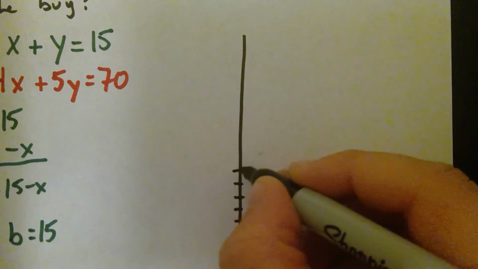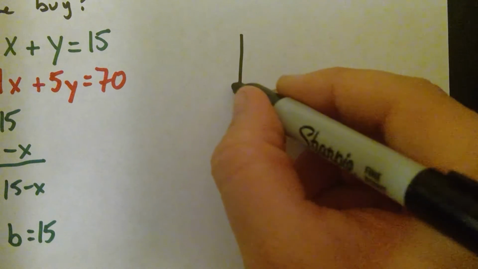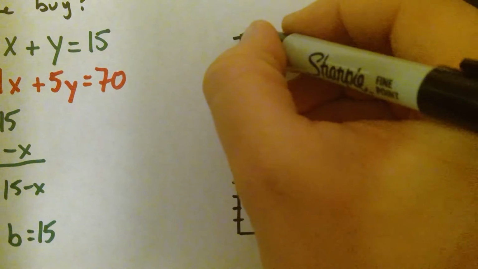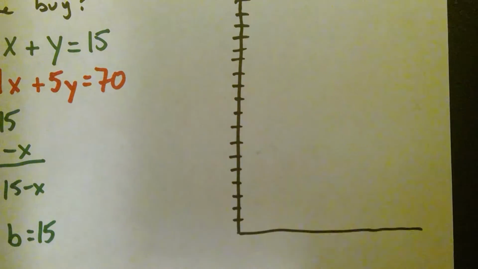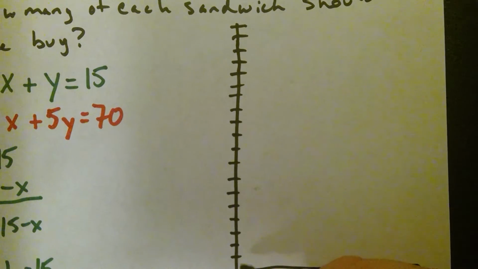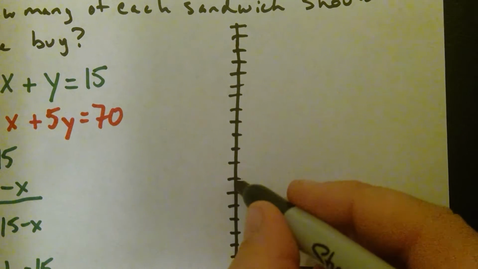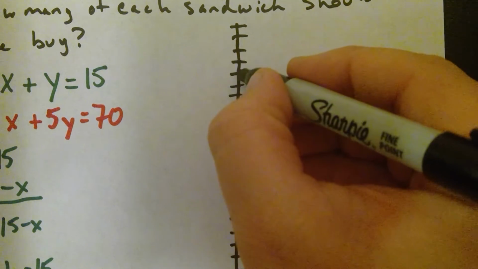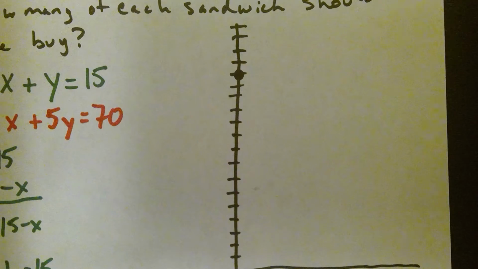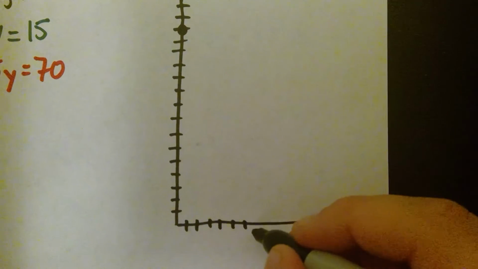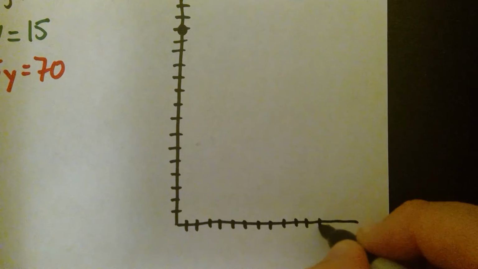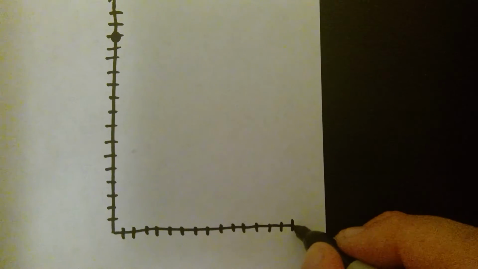So our y-intercept is 15, and we're going to go over 1, 2, 3, and so on.